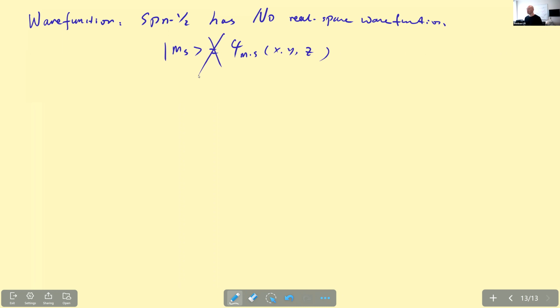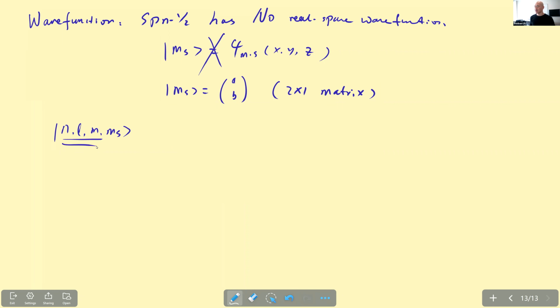There's no such kind of notation. So you have to use instead something like, say, a and b, a 2 times 1 matrix is fine, okay?